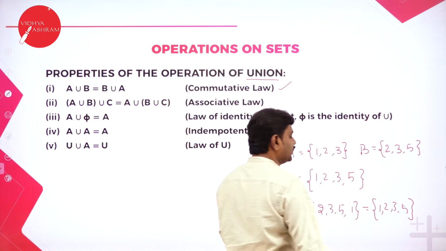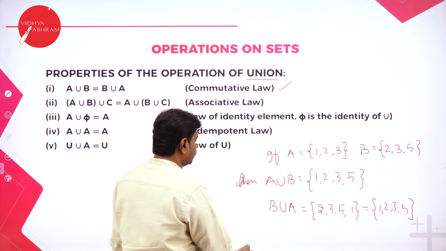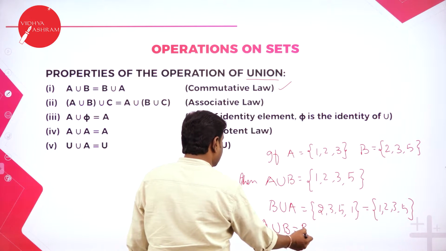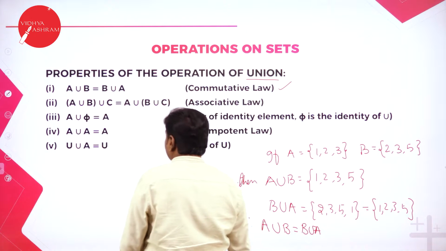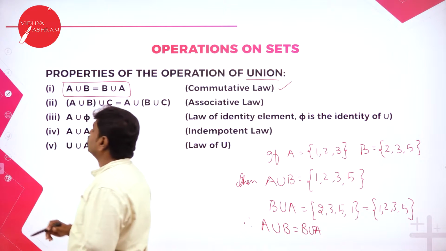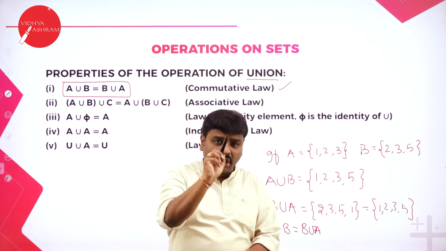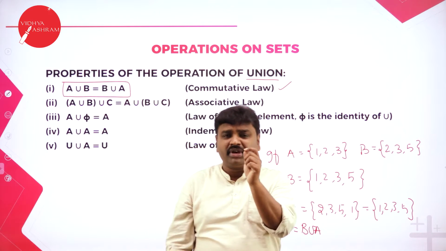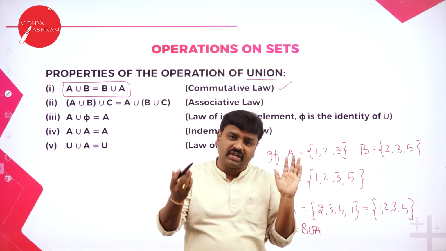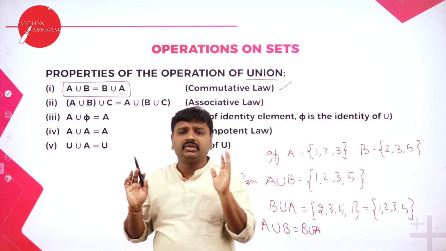Both are the same. So what is the conclusion? A union B is always equal to B union A. Remember this. This is called commutative. So we can say union is commutative, which means A union B and B union A are both the same, and you can replace A union B with B union A or B union A with A union B.